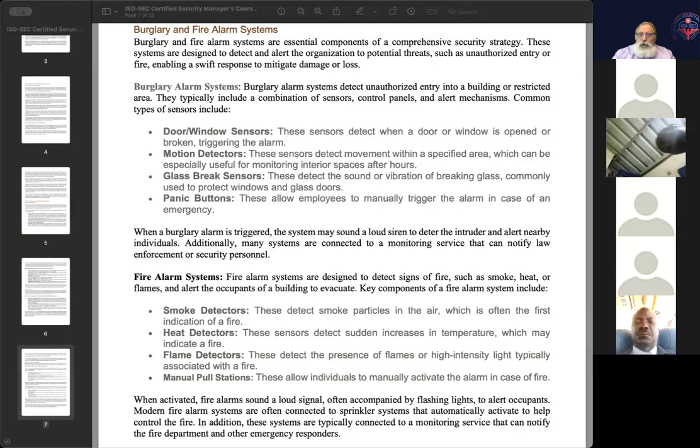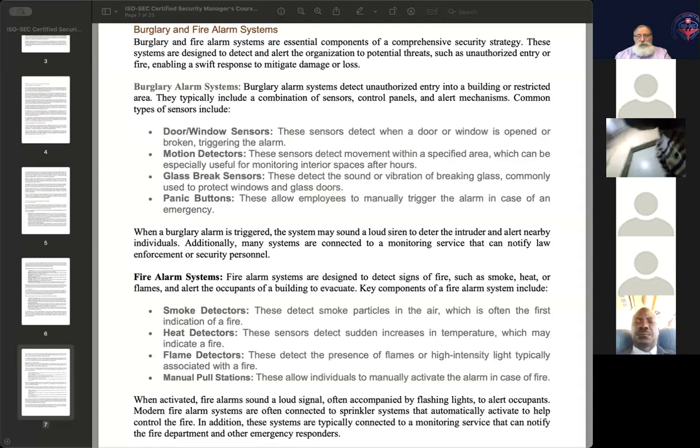We have also a combination of a code. As I said, with alarms, we have the keyboard that we use to put the alarm system on and off.